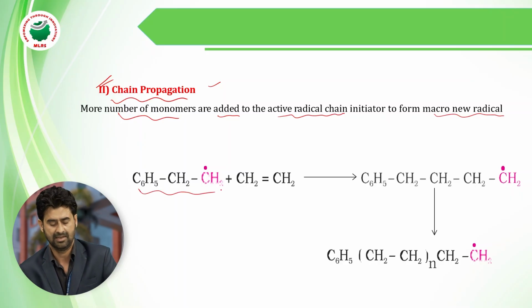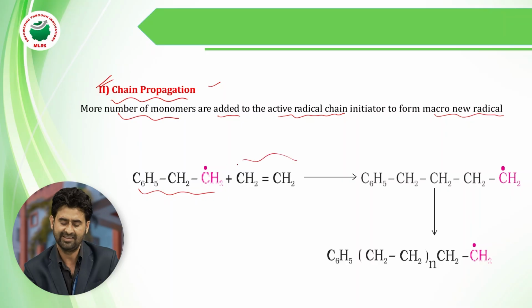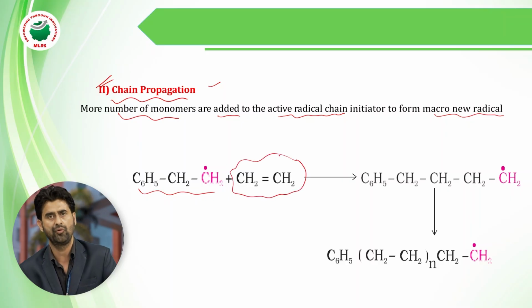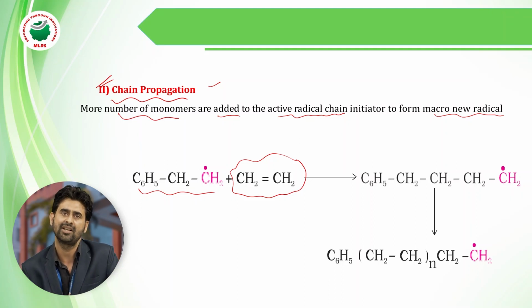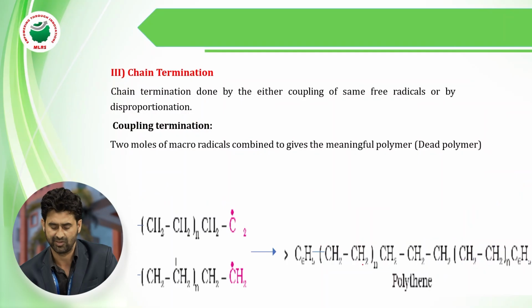These are the radicals. It will combine with the second monomer unit molecules. By this repetitive addition, we form bigger, large macro radicals, as we call them.